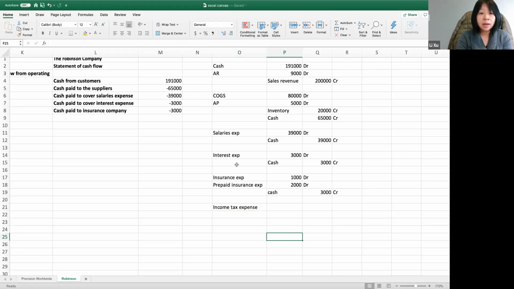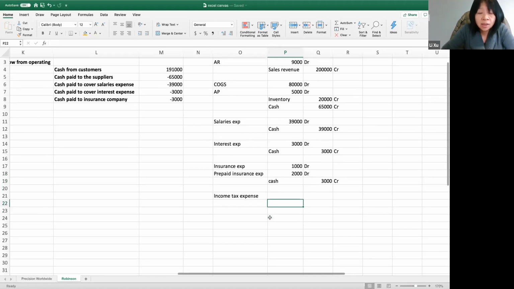Yeah, you're right. Prepaid insurance is not an expense. It's just called a prepaid expense. But this is still going to be a debit normal balance. Make sense? So even prepaid, that's why we look at the 2,000, which is the change, not the item itself. Okay.